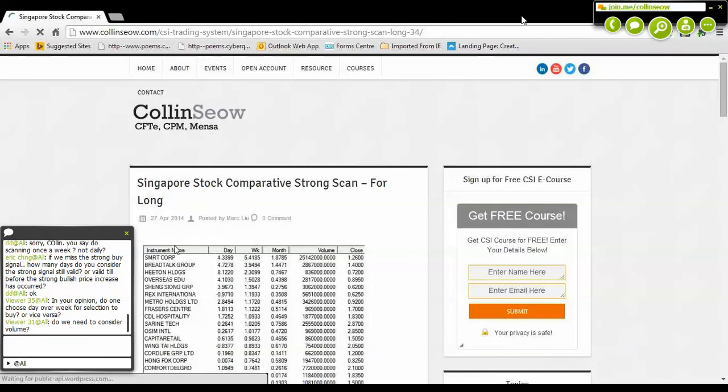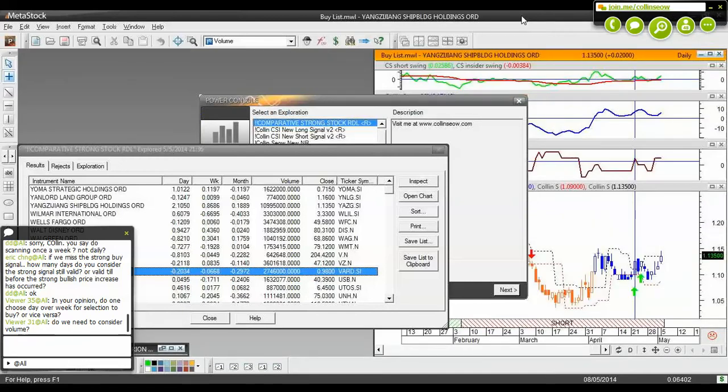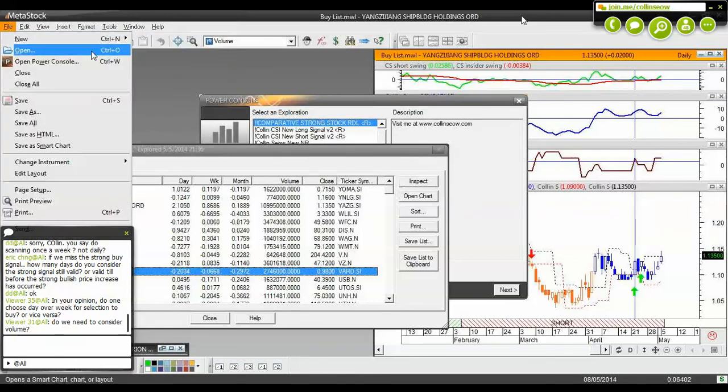On the strong list, you have SMRT again. So on the 27th of April, it had already appeared on my list. You follow what I mean? It's already on my list.